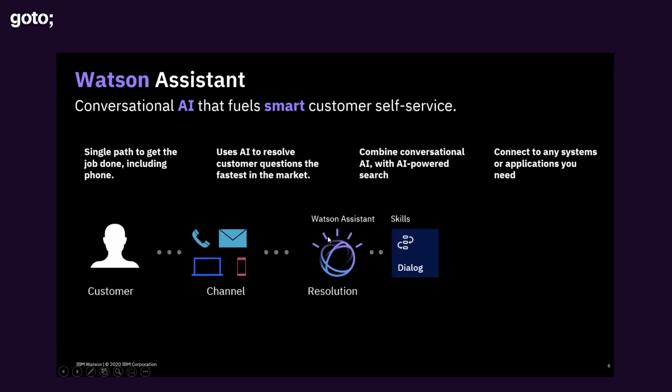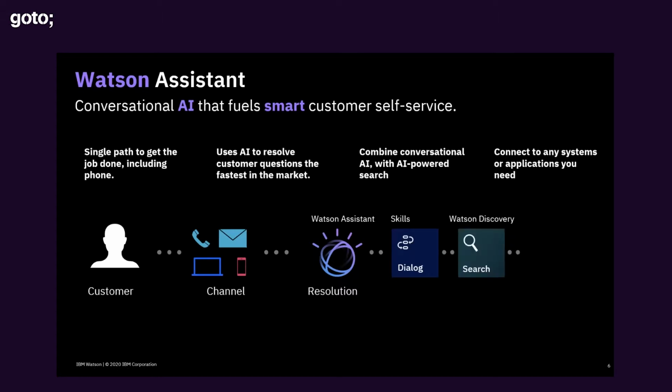All in all, the assistant receives the user input and then routes it to the dialogue skill. The dialogue skill interprets the user input further and then directs the flow of the conversation. The dialogue can gather any information that it needs to respond or perform a transaction on the user's behalf.